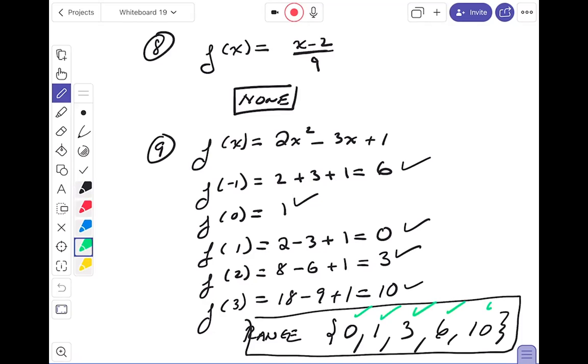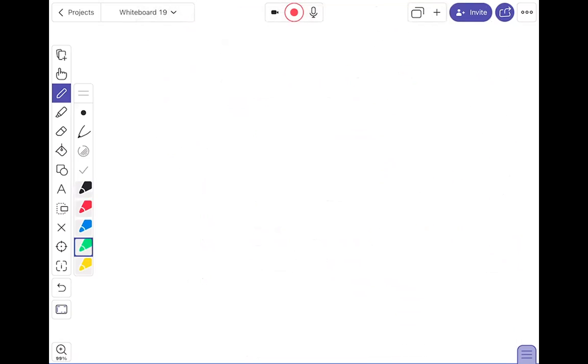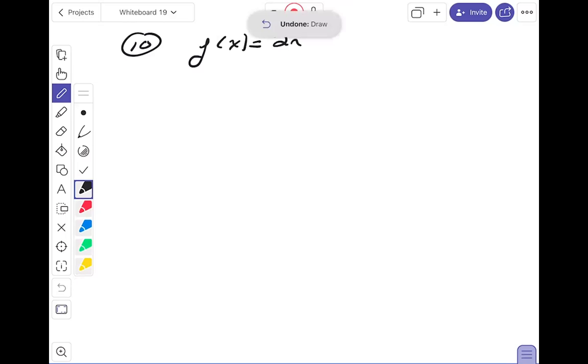All right, let's go to number 10 now. They give me f of x equals 2x. Whoops, made a mistake. 2x minus 3. A, f of 1. That would give me 2 minus 3, which is minus 1.